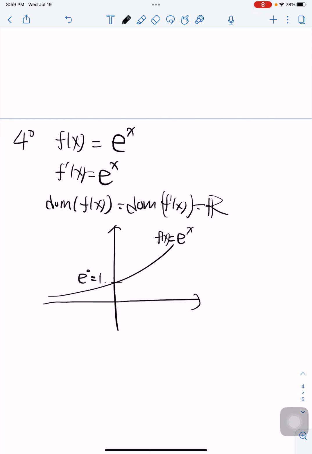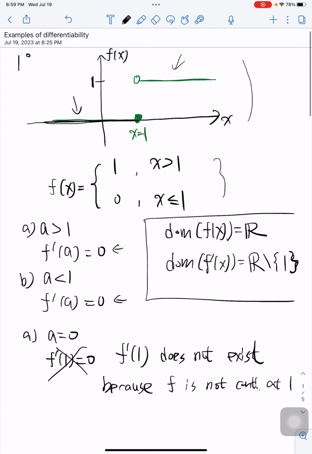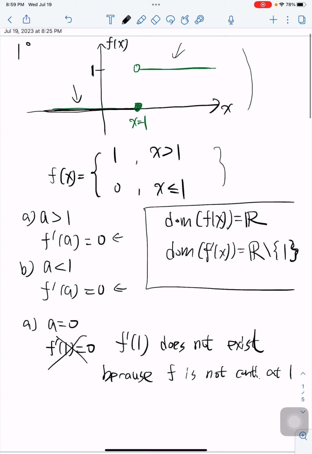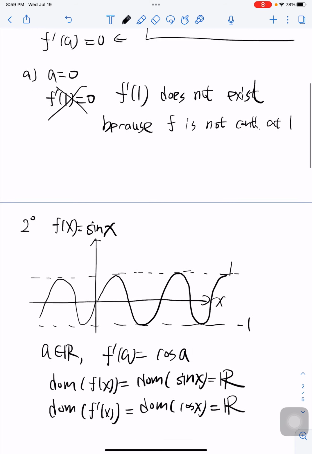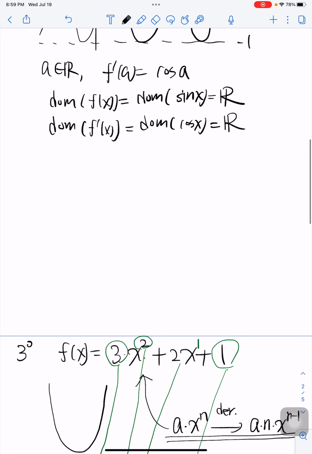If the function is not continuous at that point, then the derivative does not exist. I'm talking about this particular example, the step function. This function is not differentiable at point 1. And sometimes the domain can change after the differentiation, like this one, and sometimes it doesn't. So it all depends on the function you are working on.